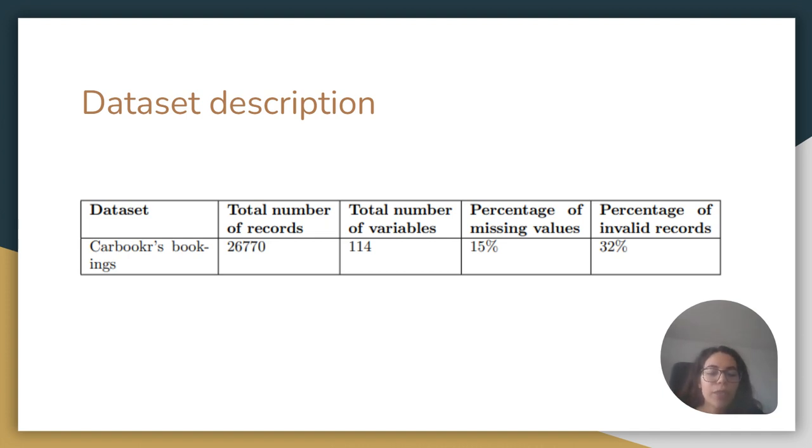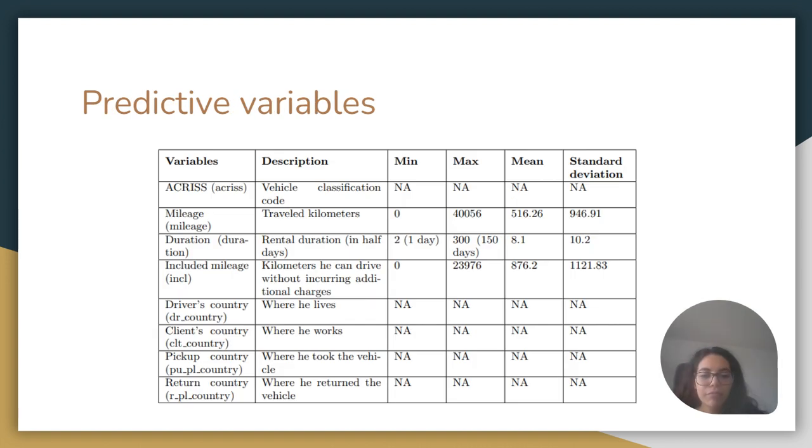The percentage of missing values was about 15%, and the percentage of invalid records was about 32%. From all these variables, we only kept those that are more valuable for our project. This table presents all the variables we kept.